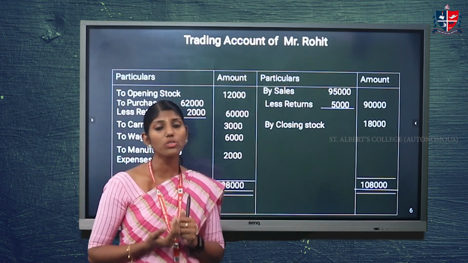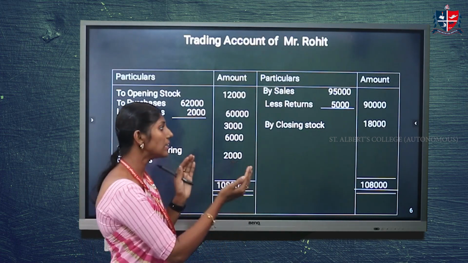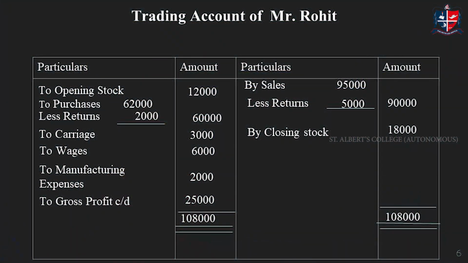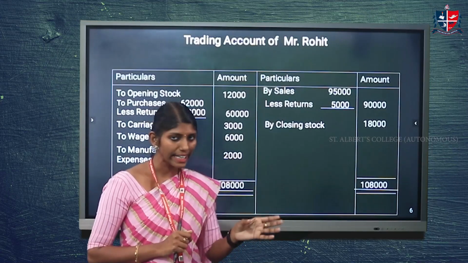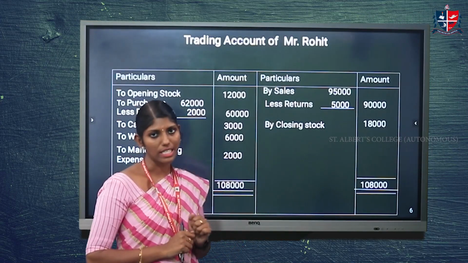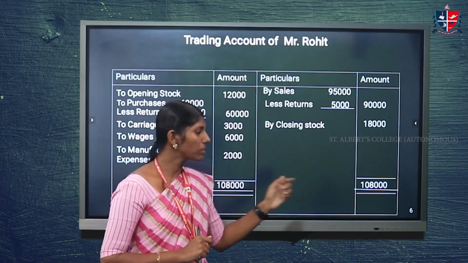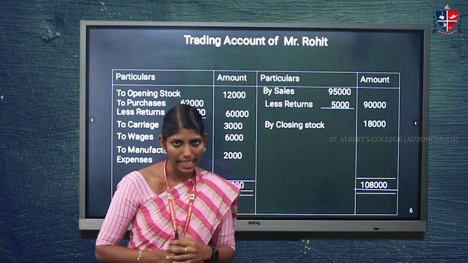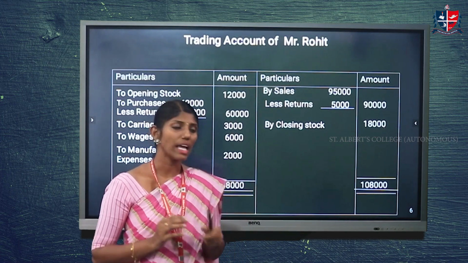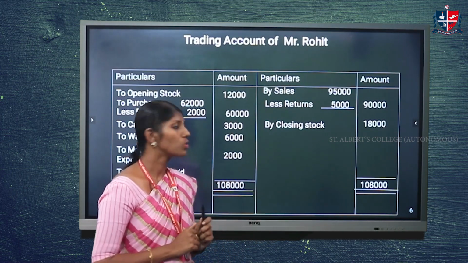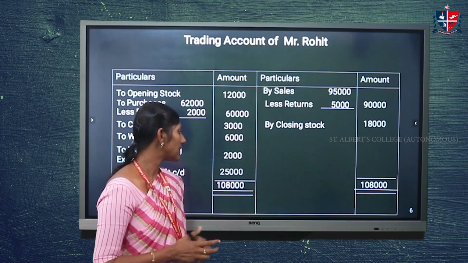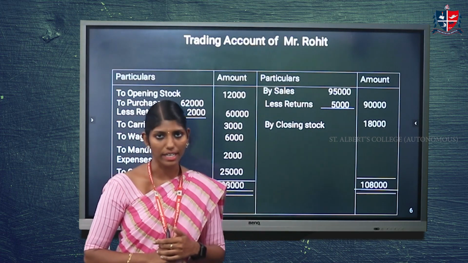Then next we have to find out the difference between these two sides. In order to find out the difference, we have to deduct the least total, that is the debit side total, from the highest total of rupees 1,08,000 and it will amount to 25,000 rupees and this is known as the gross profit carried out.